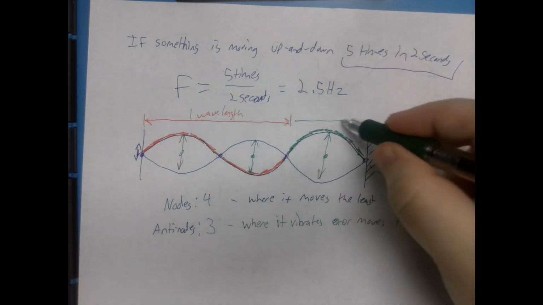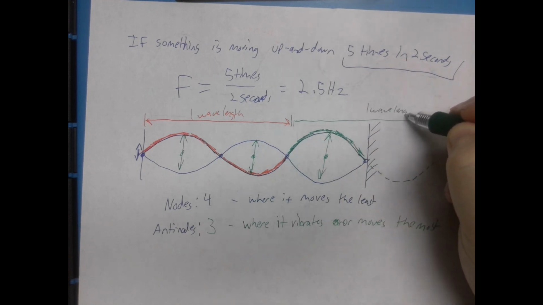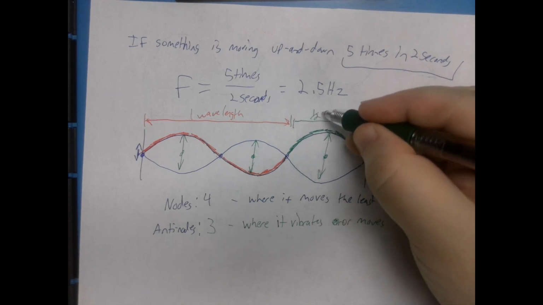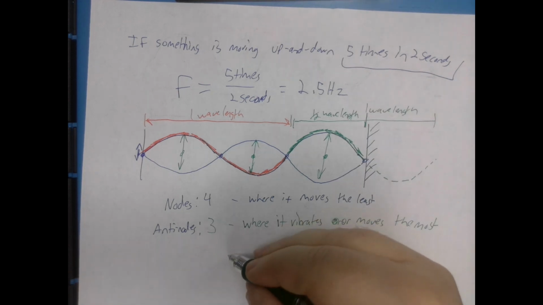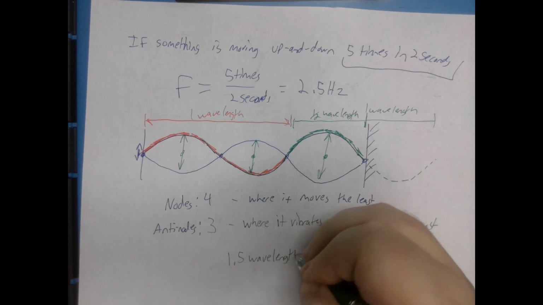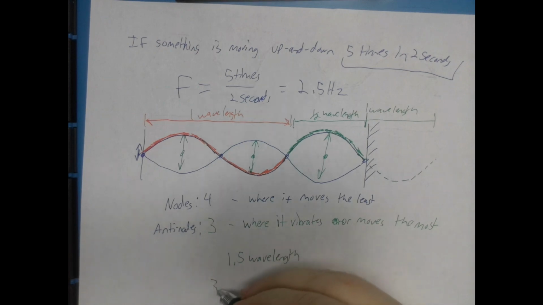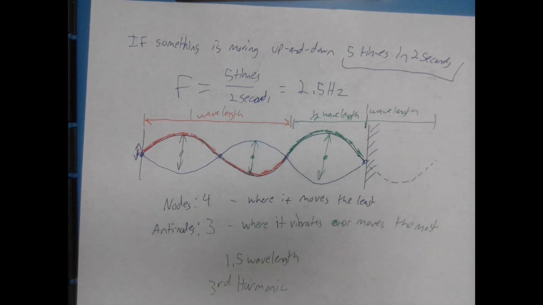And this would be another wavelength. However, we don't have the full wave, so from here to here is half a wavelength. So in total, it is 1.5 wavelengths. This would also be called the third harmonic. Basically, the number of half wavelengths is the number of antinodes.